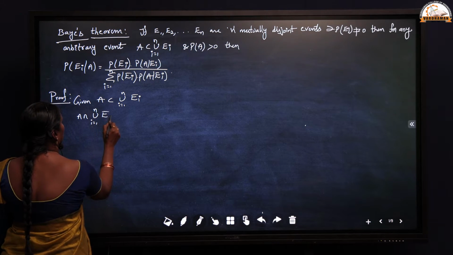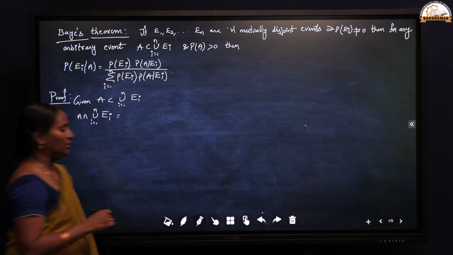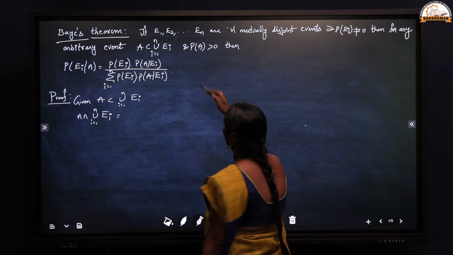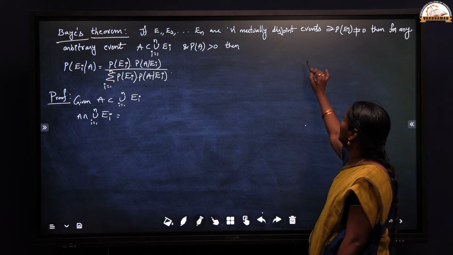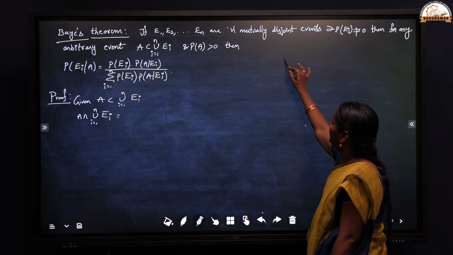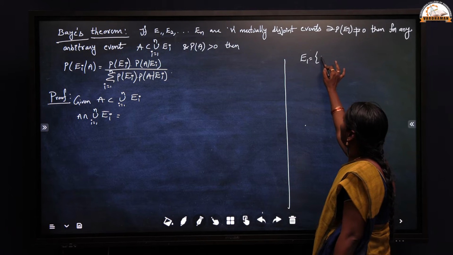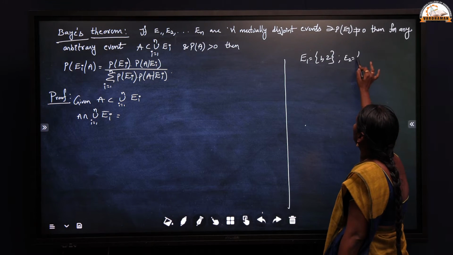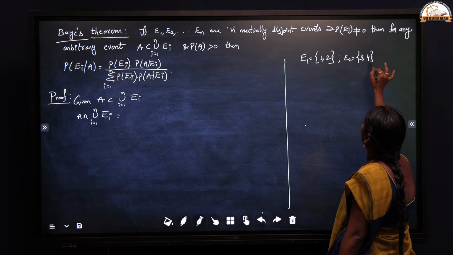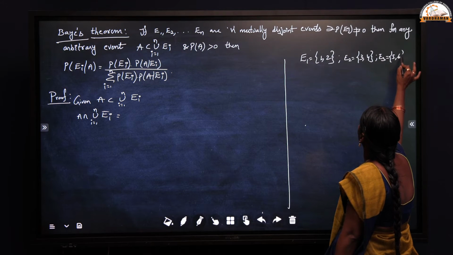So now let us see what the value is. I will go with an example which has elements. The given statement contains E1, E2 and so on up to En, that is n events. I am going with a small example. Let us take E1 as the set with elements 1, 2, and the set E2 with elements 3, 4, and E3 with elements 5, 6.